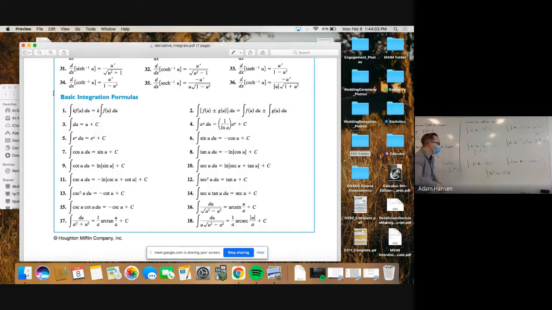What is the antiderivative or indefinite integral of 8x to the 9th plus x plus 5 dx? Once again, just go term by term. Antiderivative of term 1, 8x to the 9th. Antiderivative of x, term 2. Antiderivative of 5, term 3, and then just put them all together. This plus this plus this plus c.